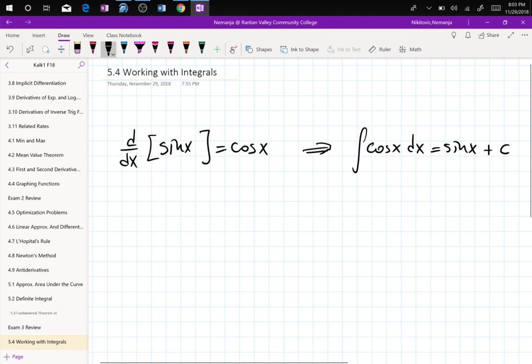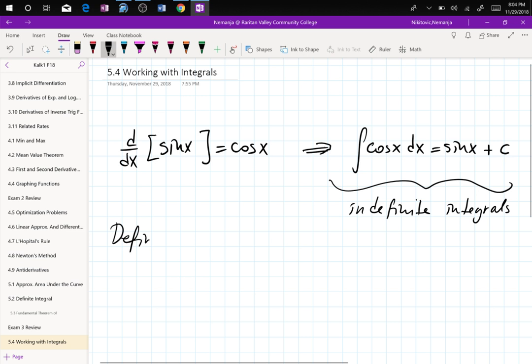So these type of integrals with the plus c are called indefinite integrals. And we have another type of integrals where you can compute the value. In 5.2 we learned about definite integrals, which had limits.